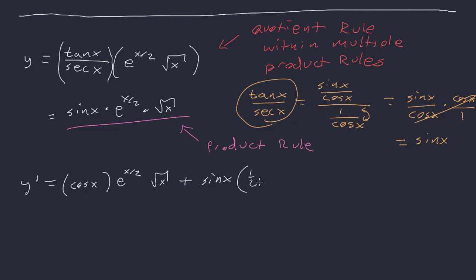So this is going to be 1/2 e to the x over 2. And then we leave the third piece alone. And then finally, we'll leave the first piece alone, we'll leave the second piece alone, and then we'll take the derivative of the third piece, which will be 1 over 2 root x. And there we go.